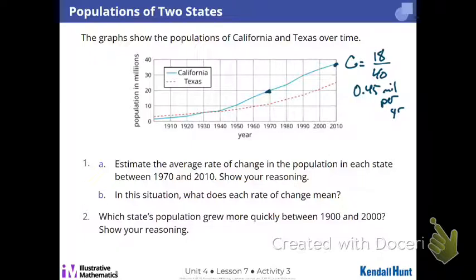Now, you could interpret 0.45 million as 450,000. That's the same thing. So 450,000 per year increase for California. That's a lot, like $500,000 per year, boom, boom, boom, every year. Now what color is Texas? It's kind of reddish. Let's go reddish. So Texas in the same time period went from about 12 to 25.